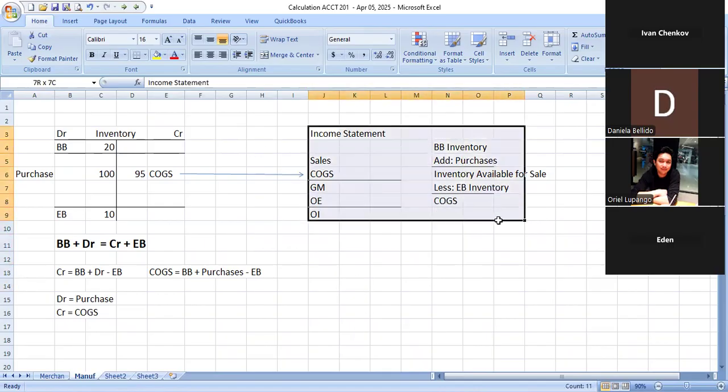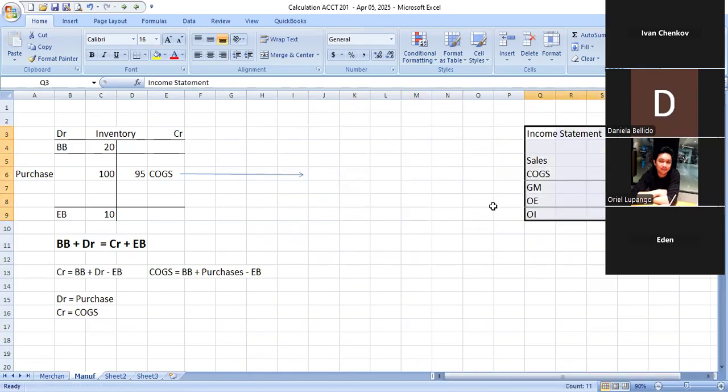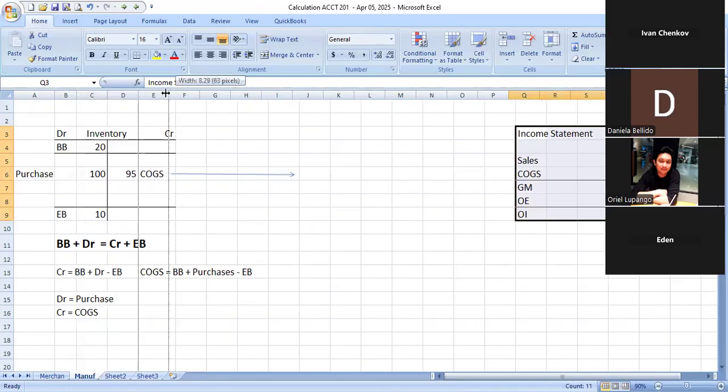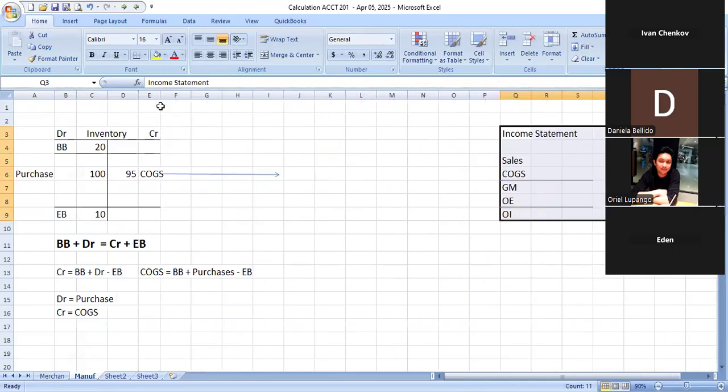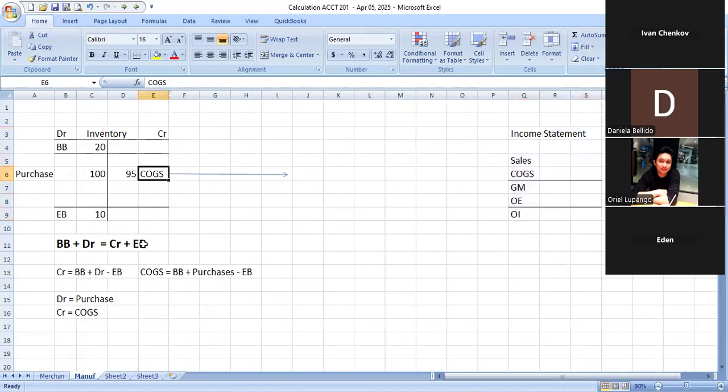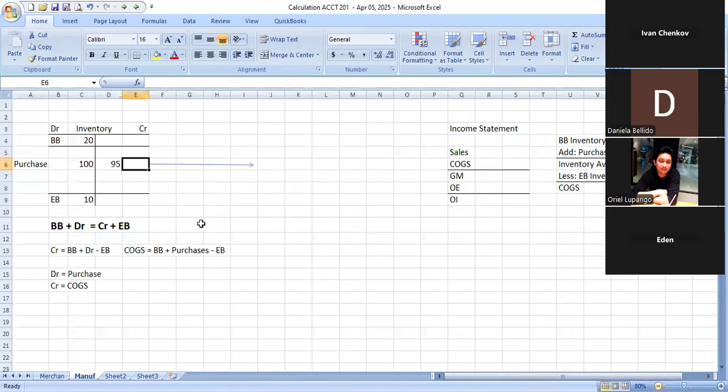First, I'm going to flip this one as much as I can further. I'm going to make this a little bit smaller. In order to get our cost of goods sold, we need to start adding some accounts, and we need to change the names. The first account that we're going to have in the manufacturing company should be raw material.